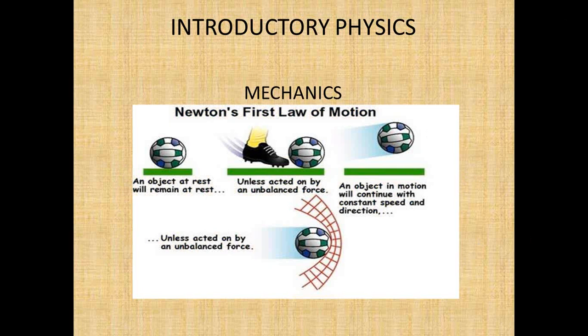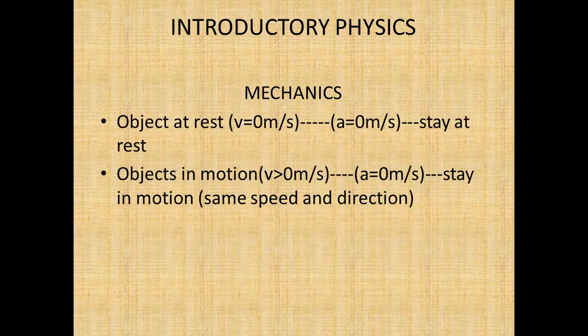It's an external force, and then the ball will continue to move at the same speed, in the same direction. If there were no resistance, just think about it, the ball will continue to move in the same direction and with the same speed, and it will do so unless it is acted upon by an unbalanced force. So the net is an unbalanced force which prevents it from going further.